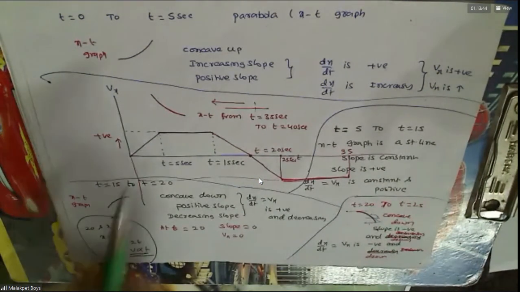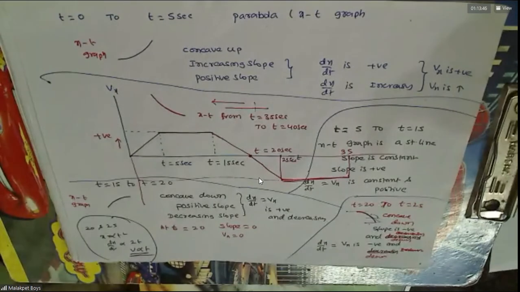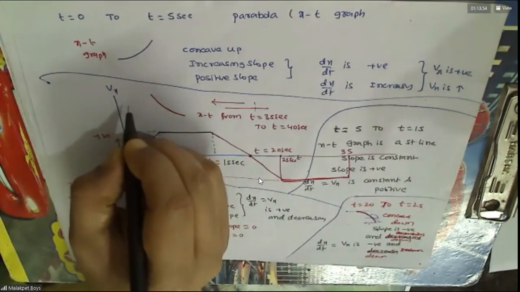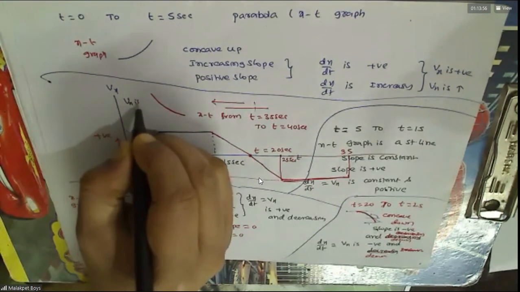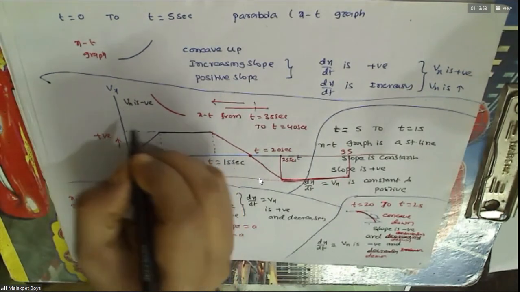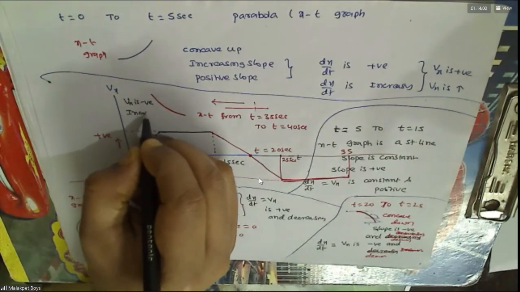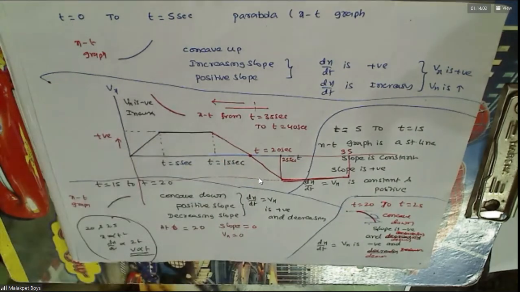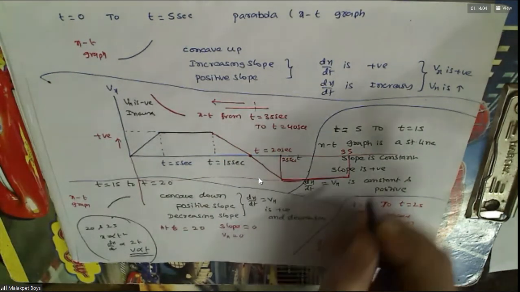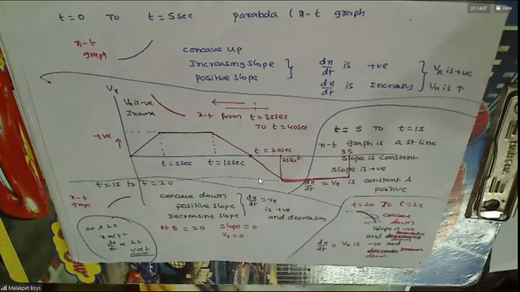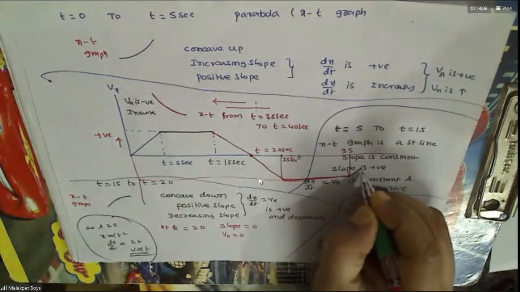So what is this actually? Negative slope, increasing. Negative slope means velocity Vx is negative, and increasing means its value will become less negative now.